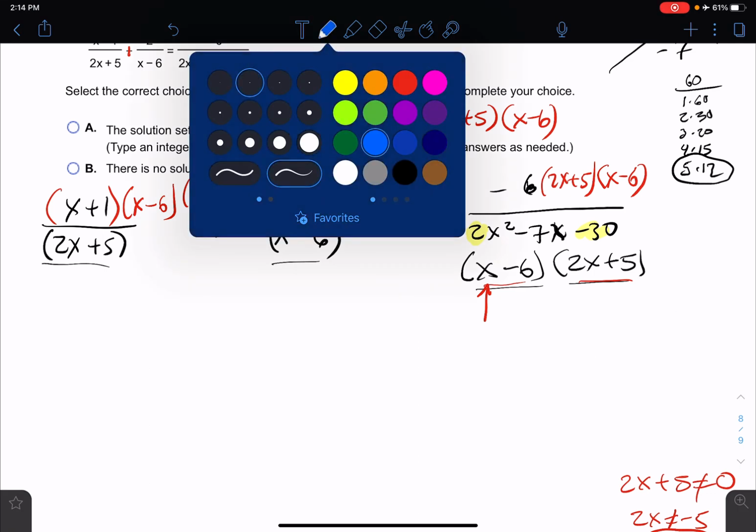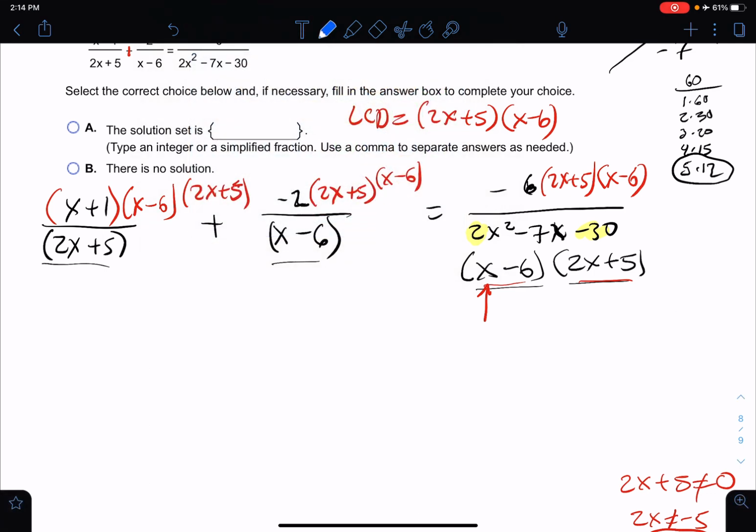Let's reduce. Reducing common factors, 2x plus 5 and 2x plus 5, and then we just multiply. So this gives us x squared. The middle term is going to be negative 6 and 1, which is negative 5x, and 1 times negative 6 is negative 6.